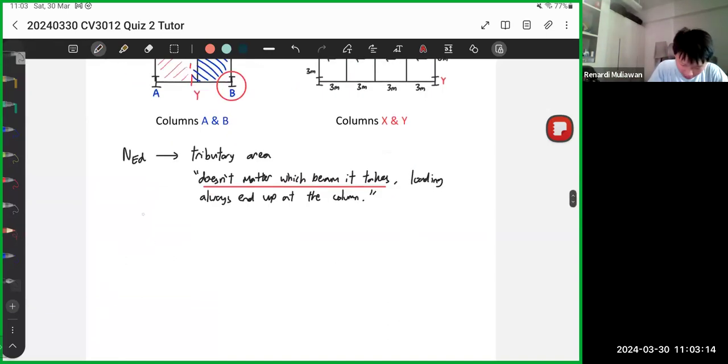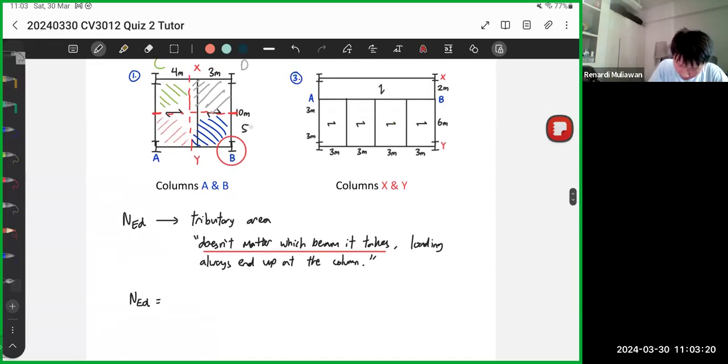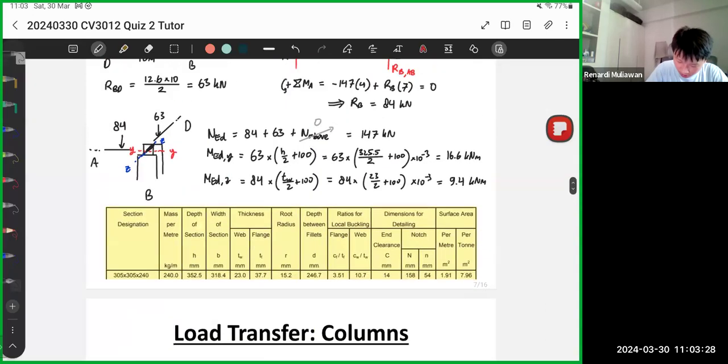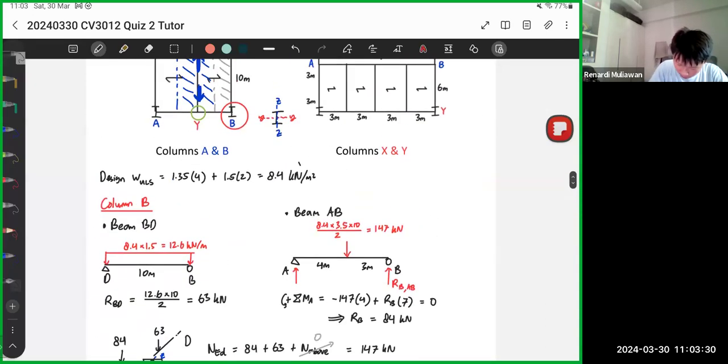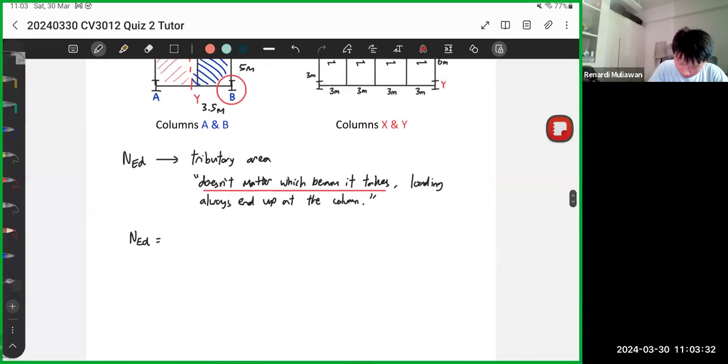So we can check lah. So NED, this one is 5 meters, right? This one is 7 divided by 2, so that's 3.5. Okay, so our loading just now is 8.4. Okay, so 8.4 kilonewtons per meter squared times 5 meters times 3.5 meters.